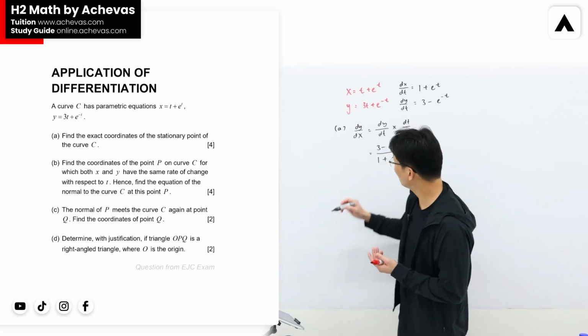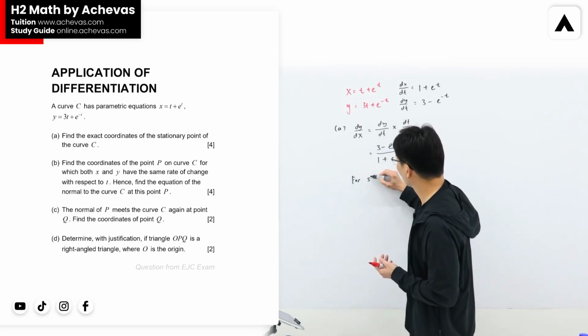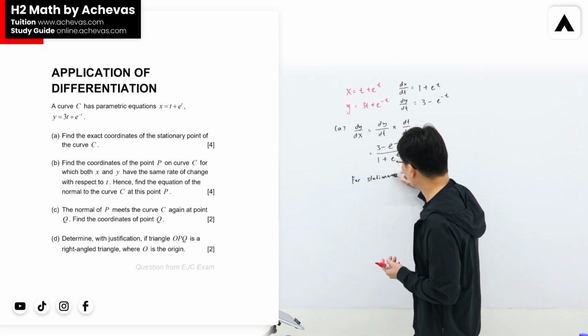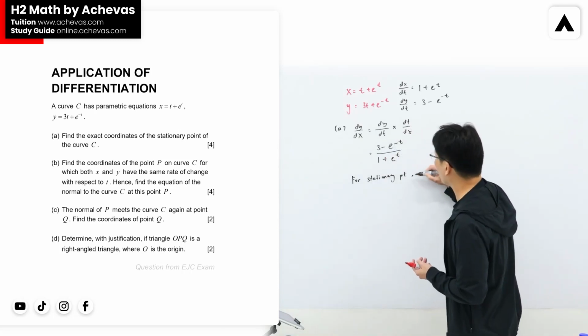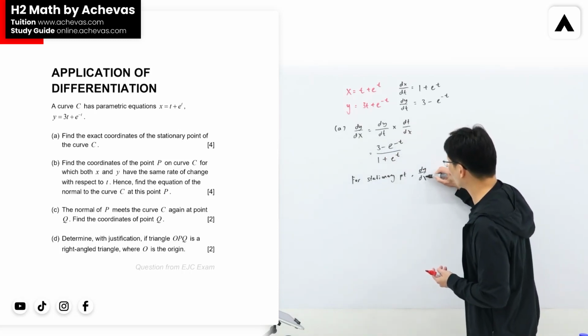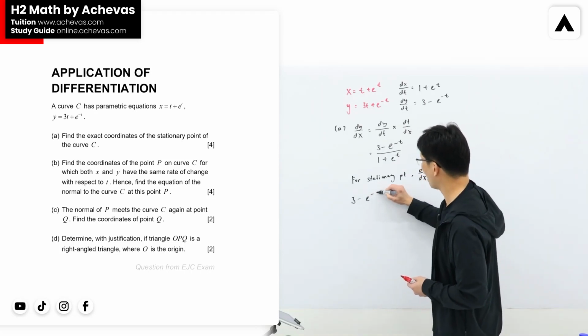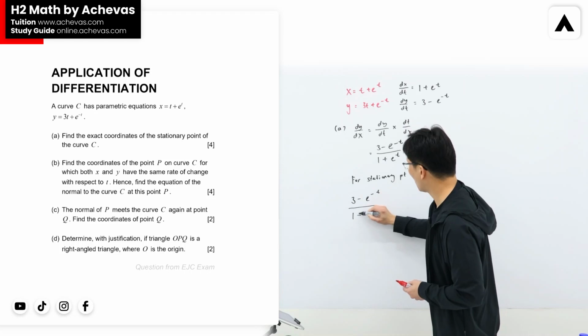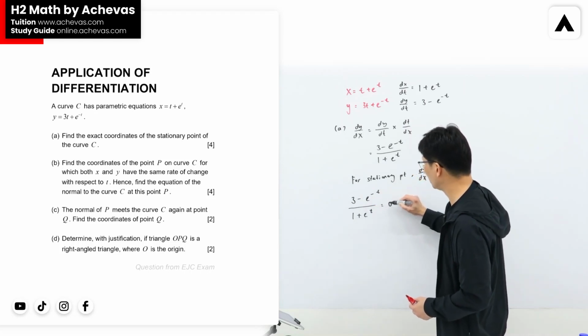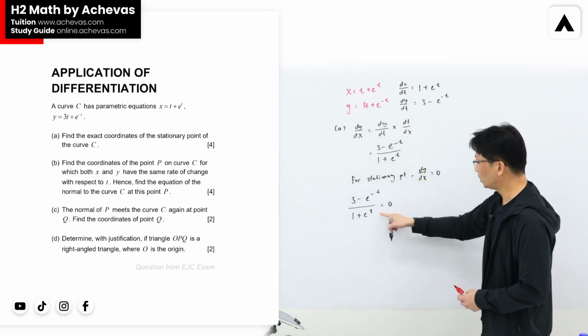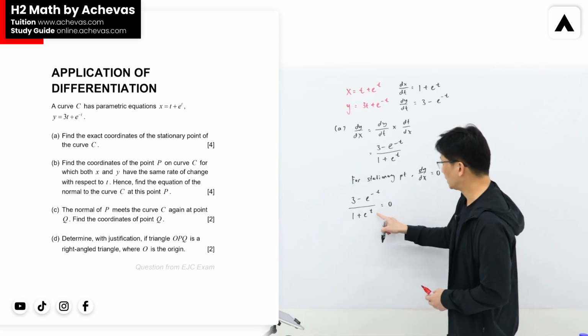For a stationary point, we are going to set our dy over dx equal to 0. So we will have 3 minus e to the power minus t over 1 plus e to the power t equal to 0. Crossing the denominator over, it will just disappear.